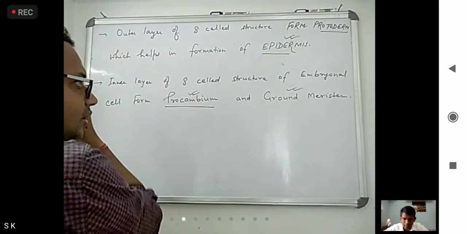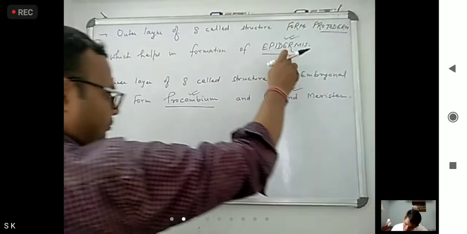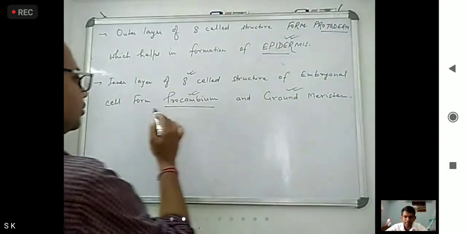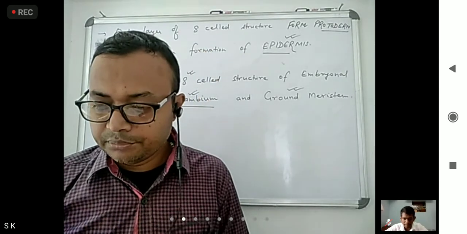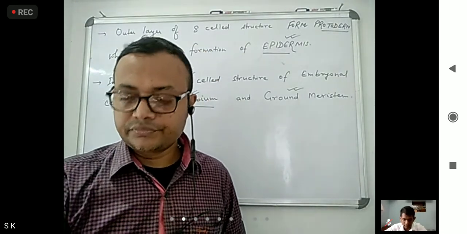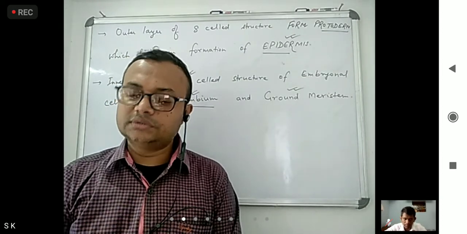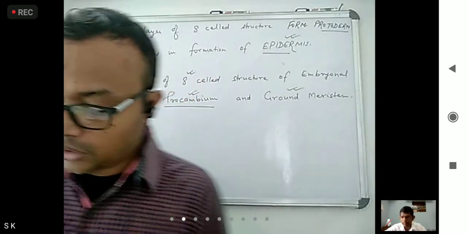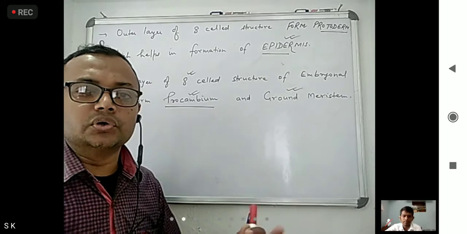The outer layer of the 8-cell structure of embryonal cells is forming epidermis, and the inner layer of the 8-cell structure of embryonal cells is forming what? Procambium and ground meristem. Okay, so this we discussed regarding what? Dicot embryo. Now we will discuss embryonic development in monocotyledons.